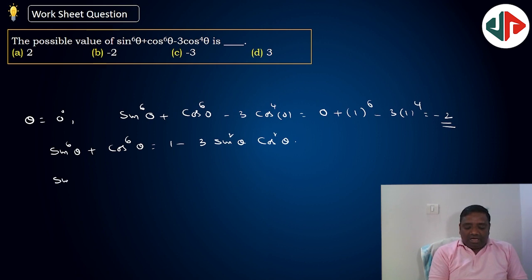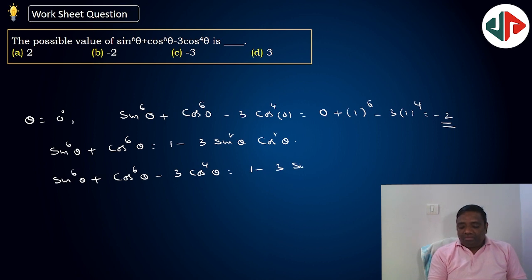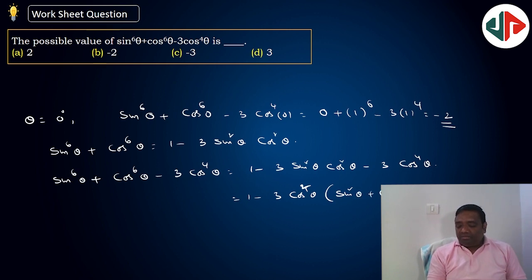Using this, we can rewrite as 1 minus 3 times sine square theta into cos square theta minus 3 times cos power 4 theta. Taking cos square theta common, we get 1 minus 3 cos square theta times sin square theta plus cos square theta. So the final answer is 1 minus 3 cos square theta.